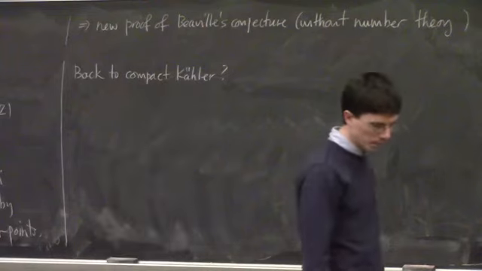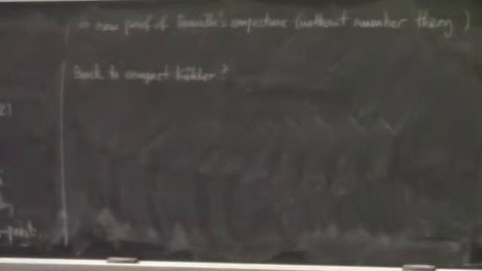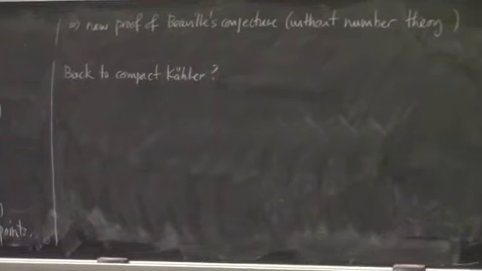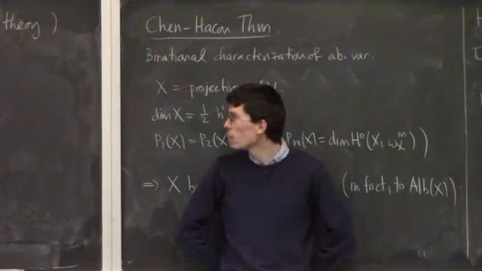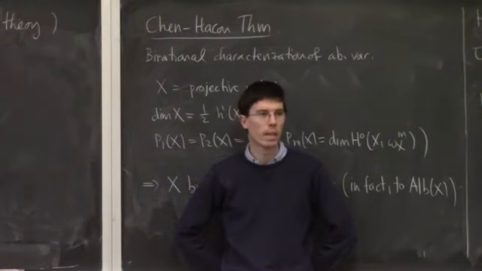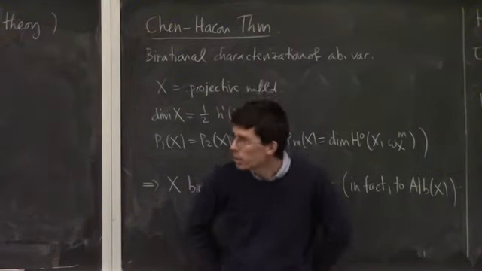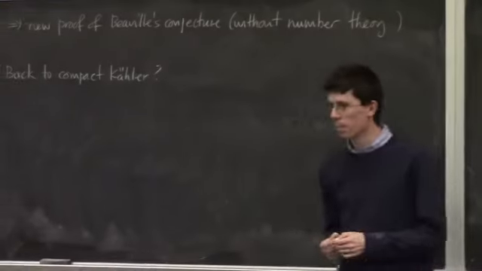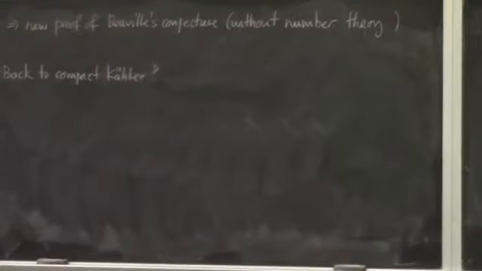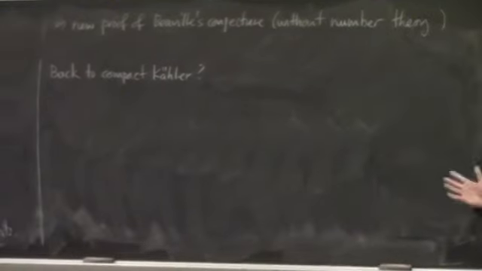So what happened there was, I was at a conference in Notre Dame at some point, and some graduate student by the name of Botong Wang came up to me, and he asked me whether I had ever thought about this Bouvier conjecture in the compact Kähler case. So I said, yeah, I have, as it turns out. I just found this new proof in the projective case, and it doesn't use any number theory anymore.